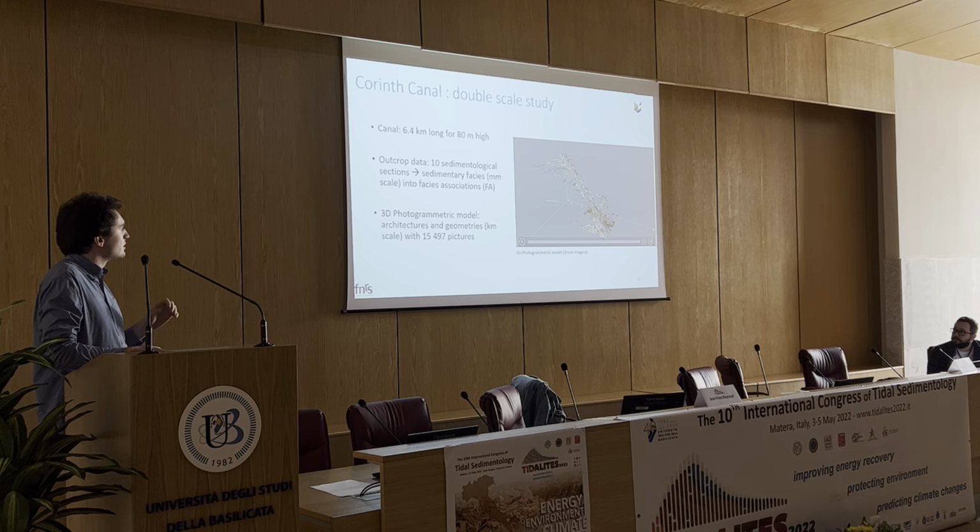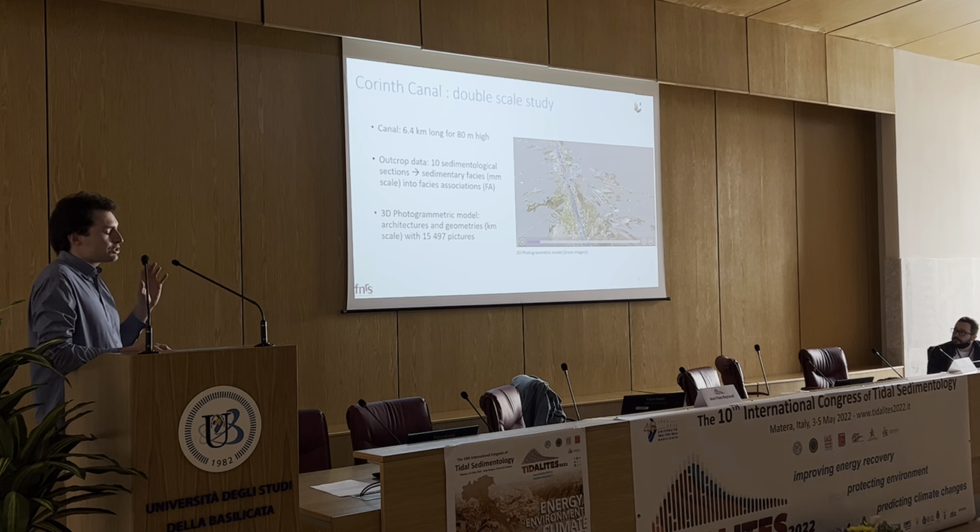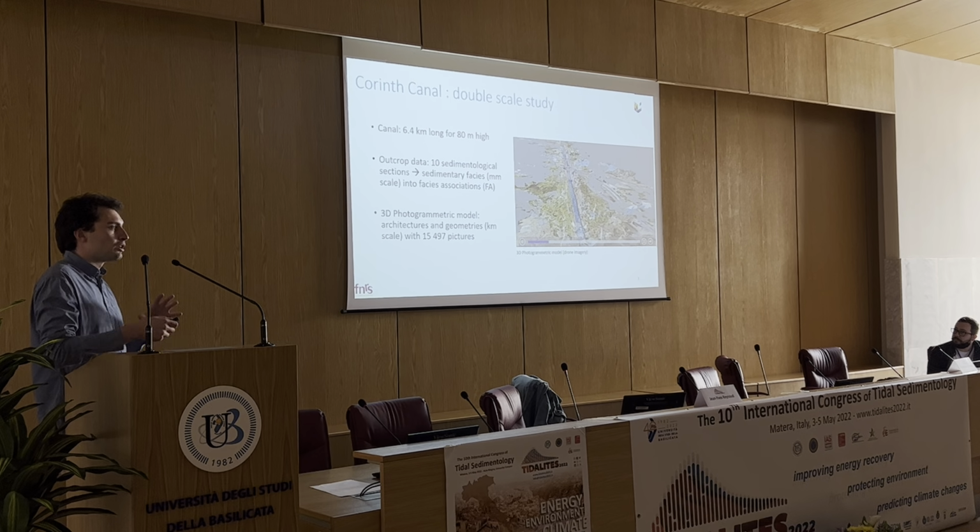So how do we do this study? First, we look at the outcrop data by doing sedimentological sections and by studying the millimeter scale with the facies. And then we use the photogrammetric model to study in detail the architectures and the geometries at the large scale.